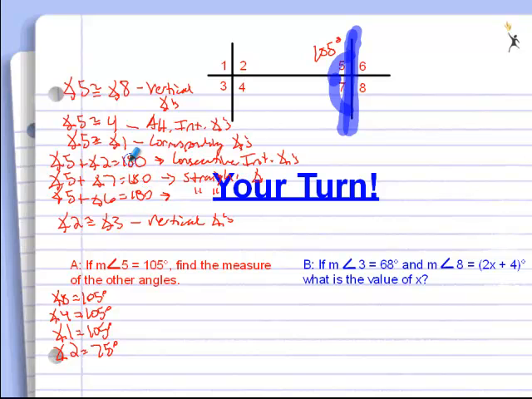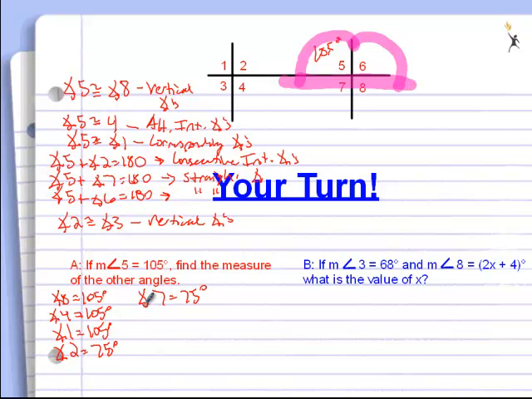And so I would use the exact same algebra to solve for angle 7, and if I erase this so you can see it, I can do the same thing with angle 5 and angle 6. They form a straight line. I can use the angle addition postulate to solve for angle 6. When I do that, I find out that angle 7 is 75 degrees and angle 6 is 75 degrees.